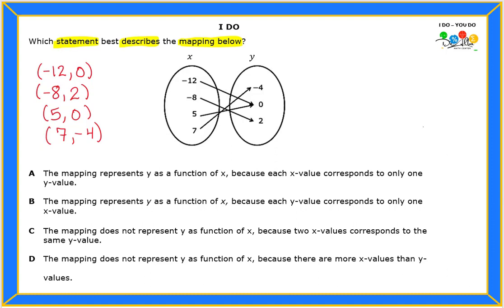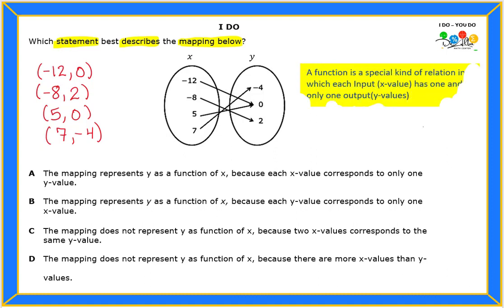I do see something that says the mapping represents y as a function. So they're bringing the word function, right? So we need to remember what a function is, okay? And in case we still have trouble with functions and the definition, I have it right here so that we can read it and discuss it.